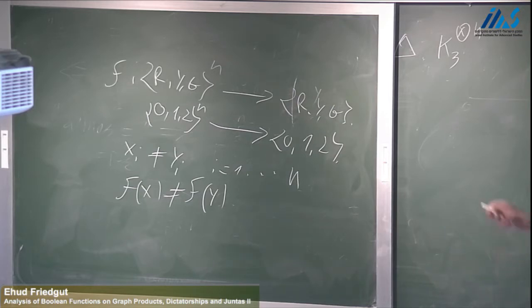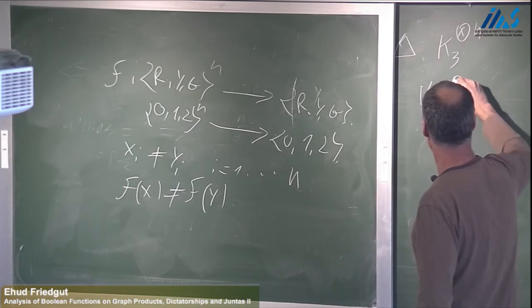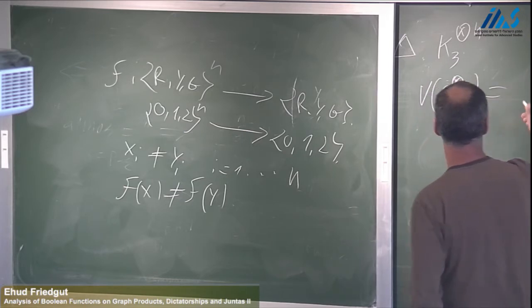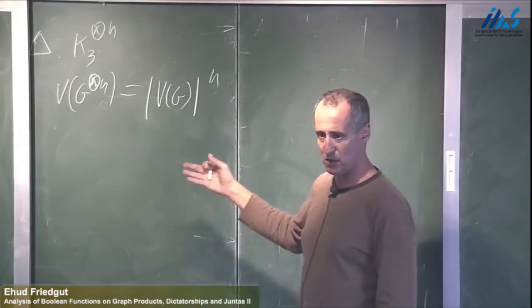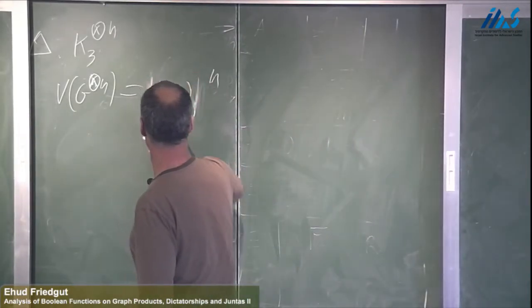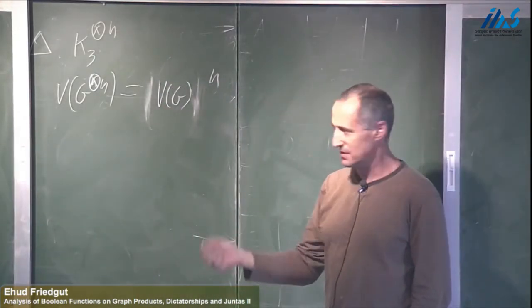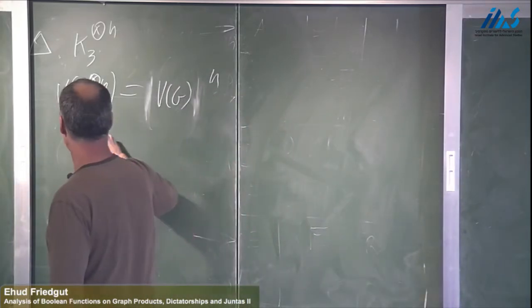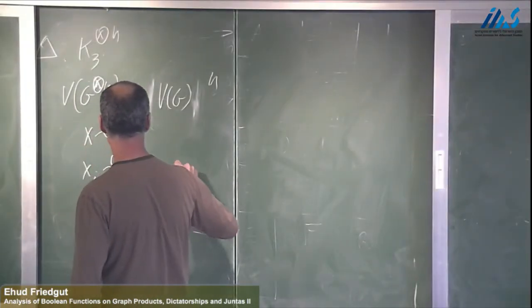So the vertices of the nth tensor power of G are just the vertices of G to the nth power. It's just the Cartesian product of n copies of the vertices of G. You just take the vectors of length n whose coordinates are vertices of G, and x is adjacent to y if x_i is adjacent to y_i in G for every i.